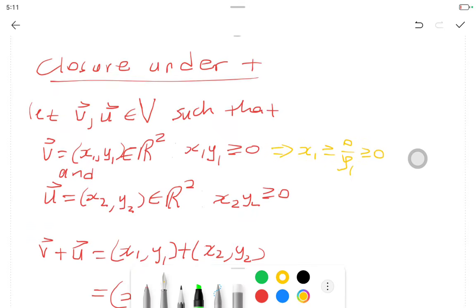We know that x1 would be this, and we know that x2 would be 0 over y2.